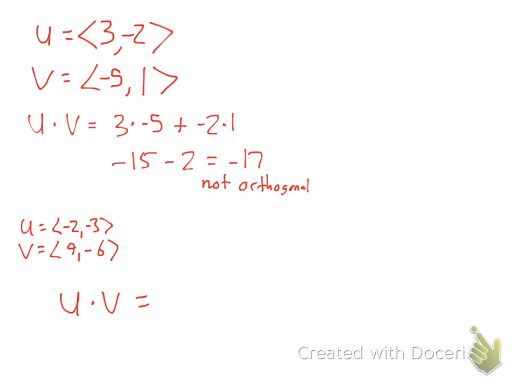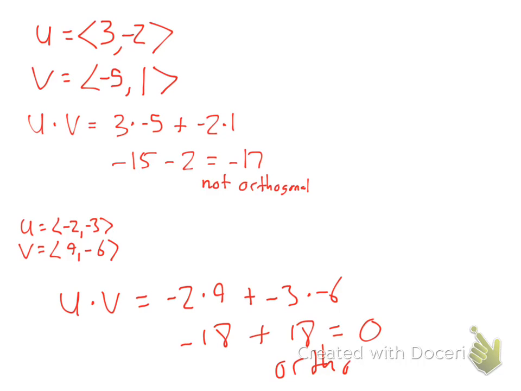U dot V is equal to negative 2 times 9, plus negative 3 times negative 6, so negative 18 plus 18, which is 0. And since the dot product is 0, they are orthogonal, which also means that they meet at 90 degrees or right angles. Guys, a third of your homework is doing that.